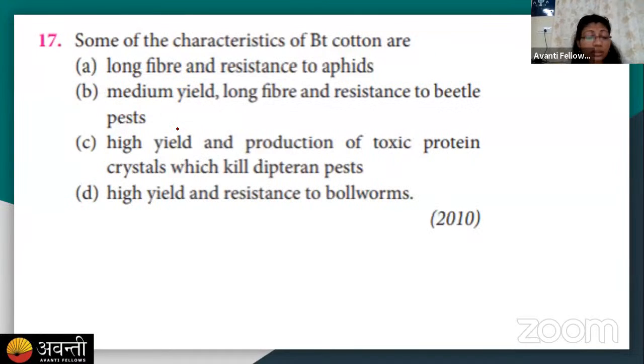The next question, number 17, says some of the characteristics of Bt cotton are. Now we have to find out the characteristics of Bt cotton. Option A, long fiber resistant to aphid; B, medium yield, long fiber and resistant to beetle pest; option C, high yield and production of toxin protein crystals which kill lepidopteran pest; option D says high yield and resistant to bollworm.